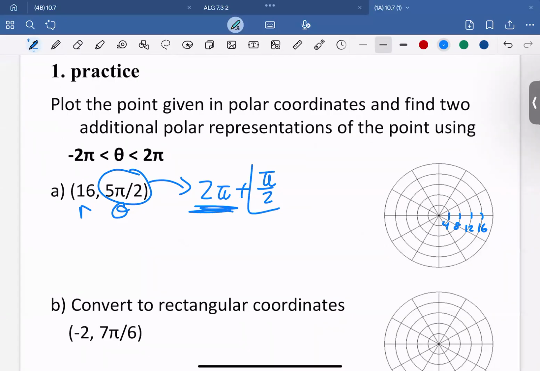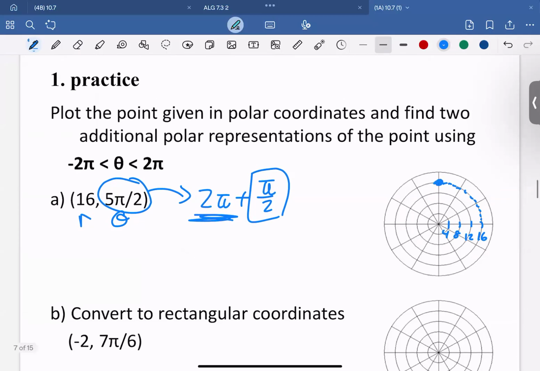All I need to know is that our radian is going to be pi over 2. So 16 and then pi over 2, where is that in the unit circle? It is at 90 degrees. So my position for my polar coordinates will be right here. Okay, so 16, 5 pi over 2.